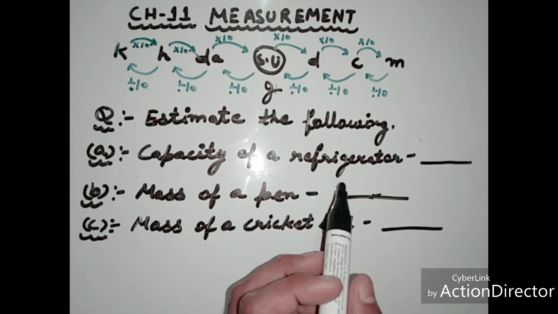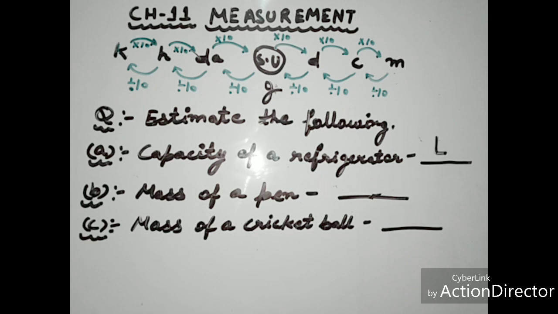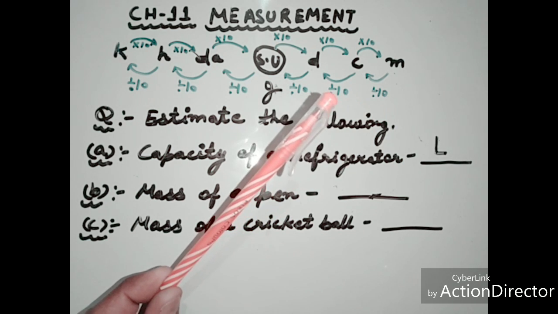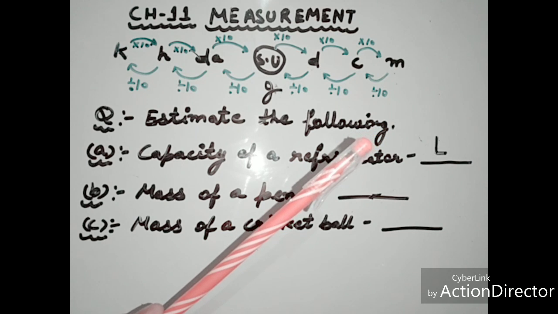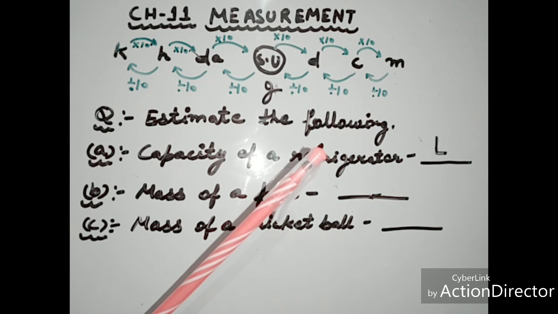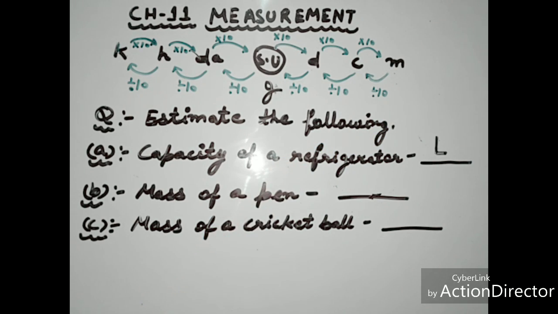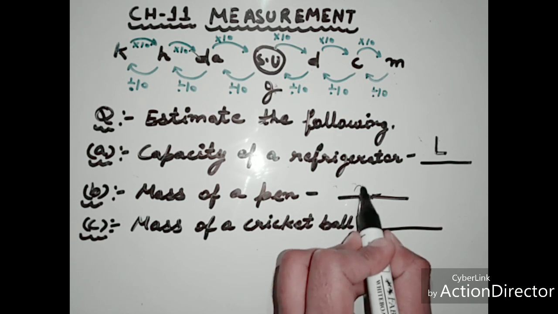The estimated measure of capacity of a refrigerator is liter. Now next, mass of a pen. So what is the mass of this pen? It's very light. Mass of the pen in milligram.